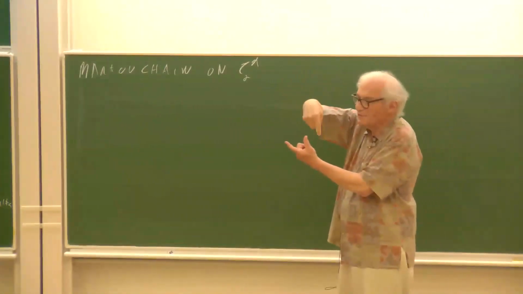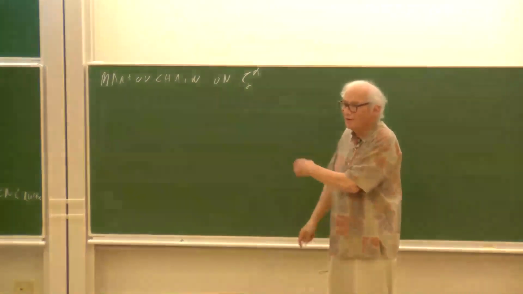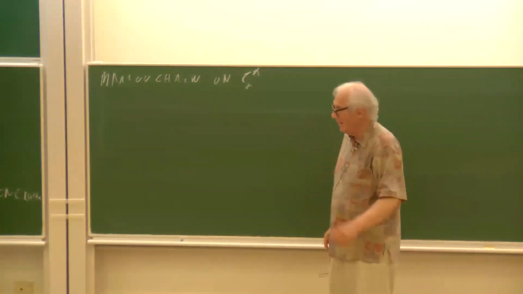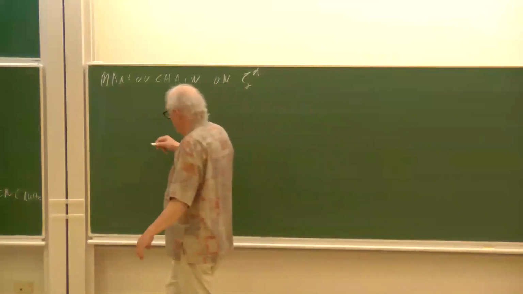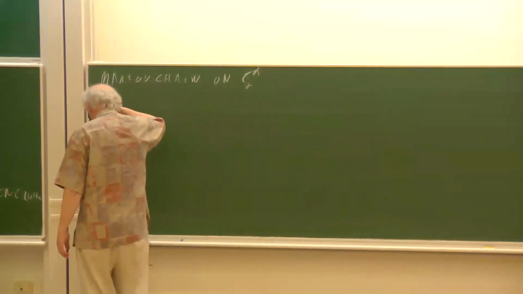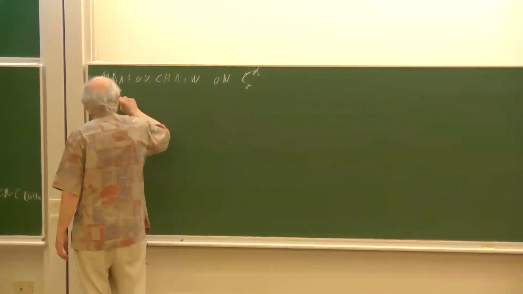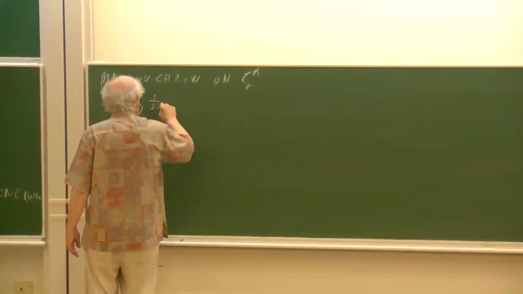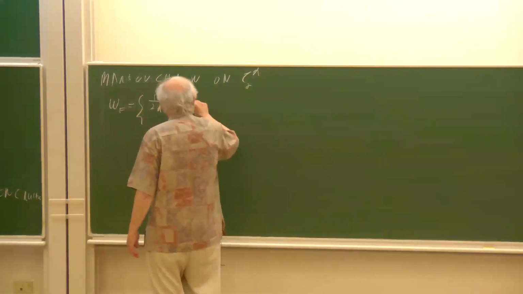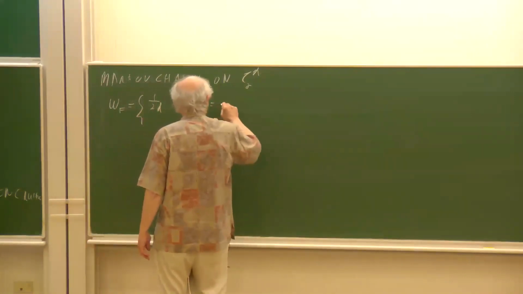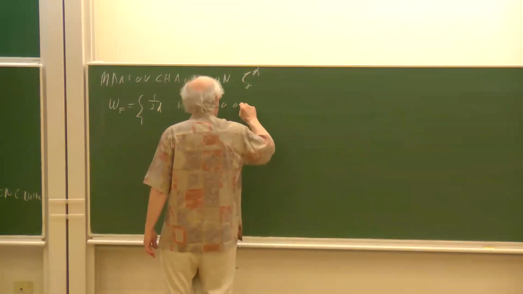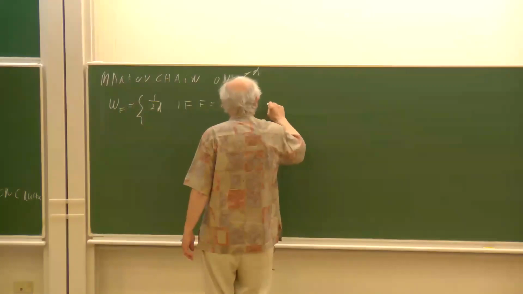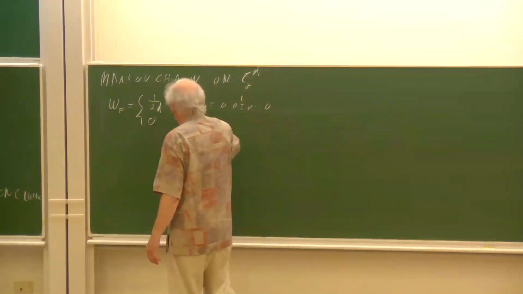I'm calling them plus or minus or 0 and 1, but those are the labels of the chambers. And suppose I choose face weights WF to be equal to 1 over 2d if F is equal to all zeros except in the ith place when it's plus or minus 1, and 0 otherwise.